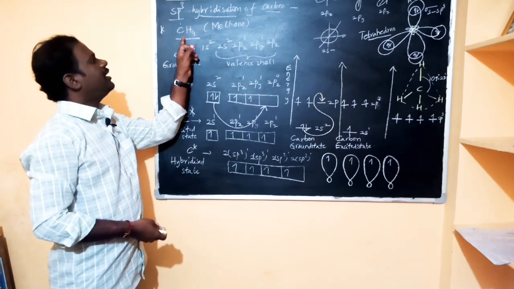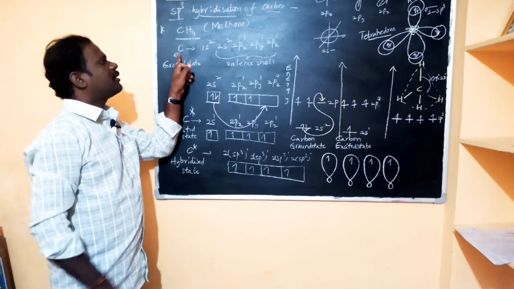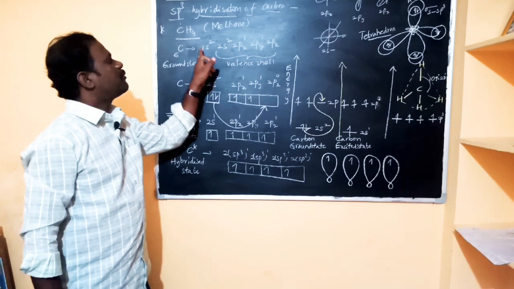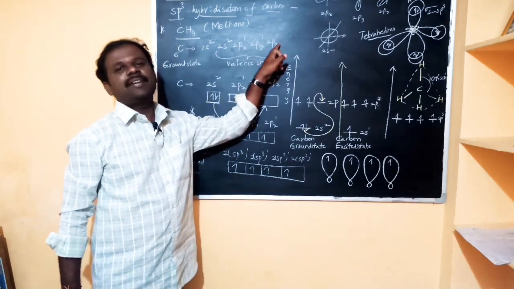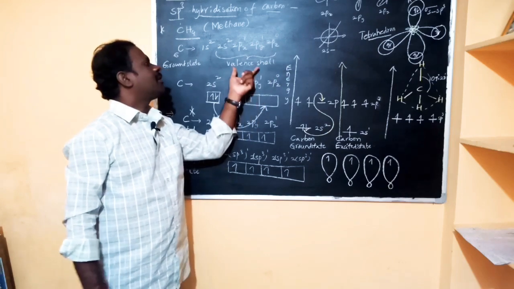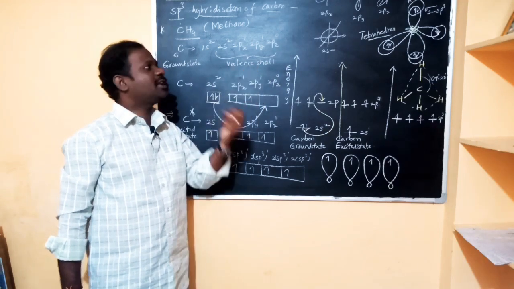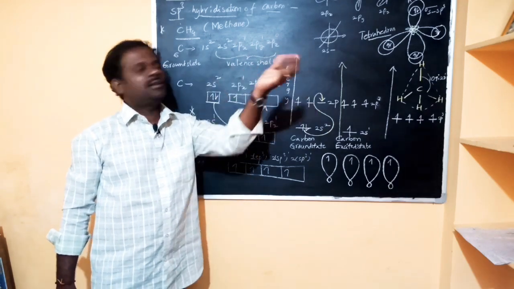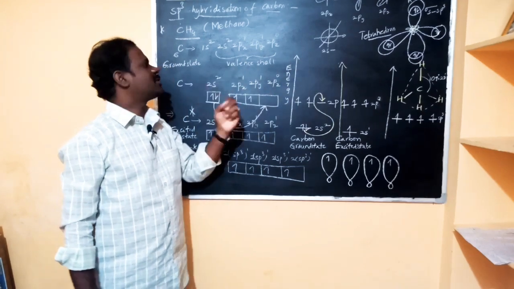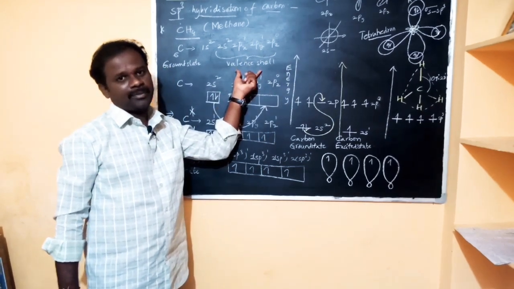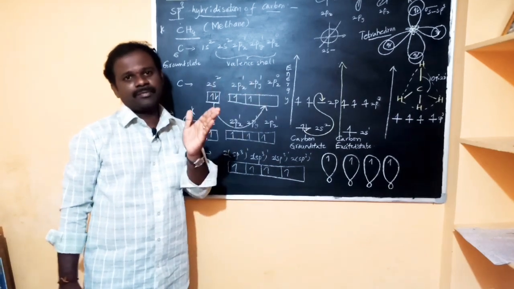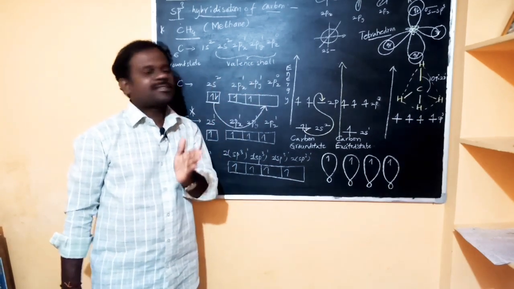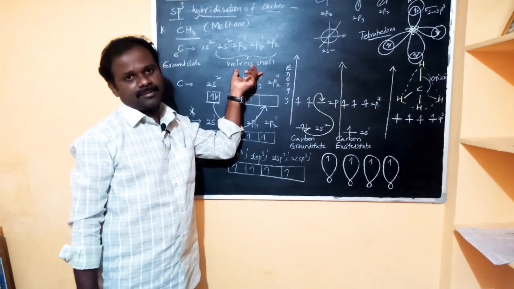Sir, in methane, what is the ground state electronic configuration of carbon? That is 1s2, 2s2, 2px1, 2py1, 2pz0. Here, the valency shell is the shell which is present outermost to the nucleus. In this valency shell, how many electrons are present? Those are said to be valence electrons.